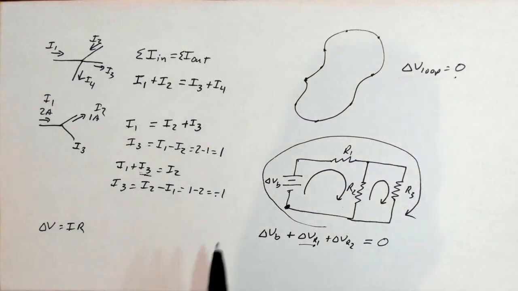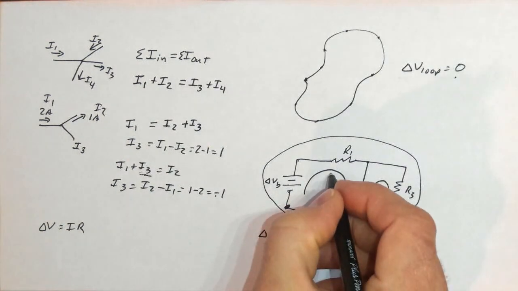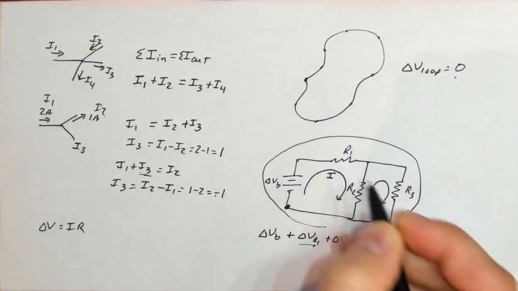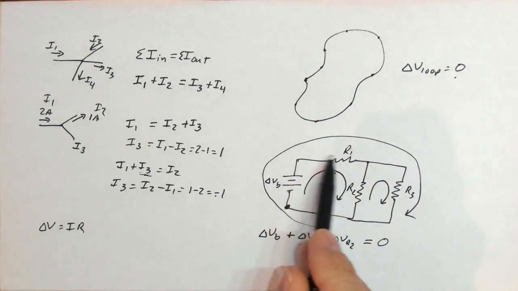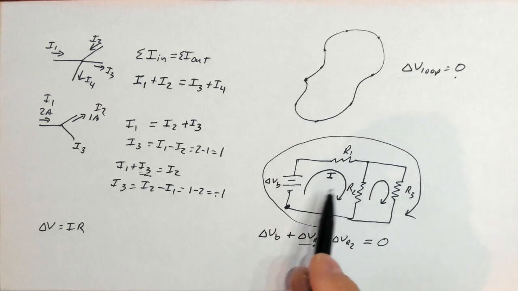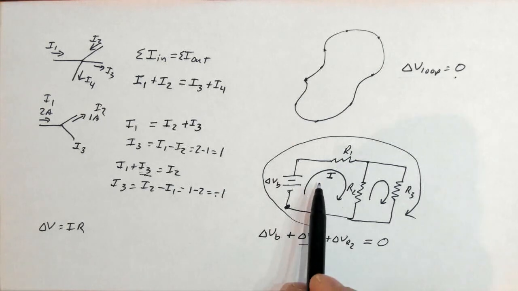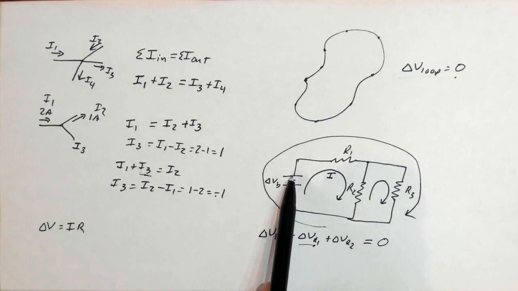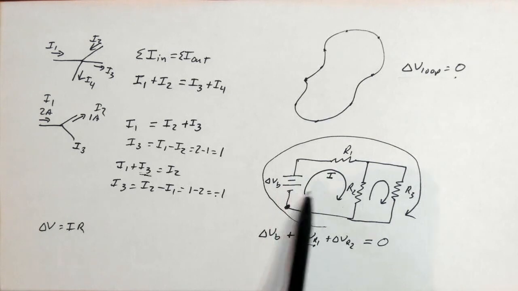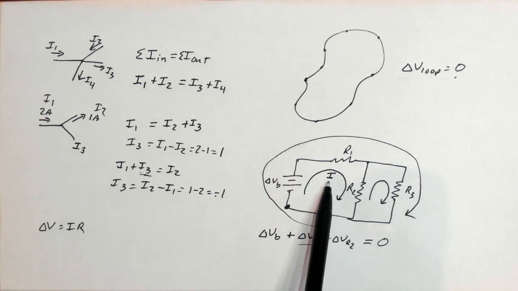But what we'll focus on here is that when I go around a loop in my loop rule, I assume a direction of current. So since I went clockwise around this loop, I'm just pretending or assuming that the current's going to flow this way. Kind of makes sense because my positive side of my battery is here, and we know that a traditional current is driven from negative to positive. So that seems like a good assumption. I'm probably correct, but it doesn't matter.